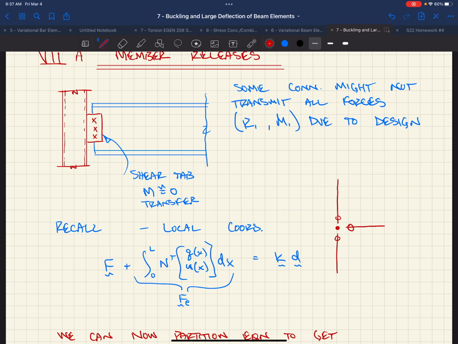To VA, there's a degree of freedom that has no fixity, no boundary condition, nothing. You can't apply forces on it. So in VA's world, this column can just sit there and spin, and it can't find a solution. The K matrix becomes singular, so it can't take the inverse and then it craps out.